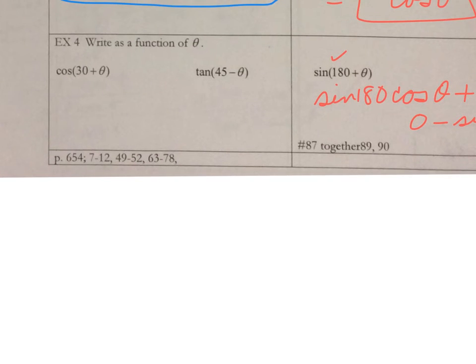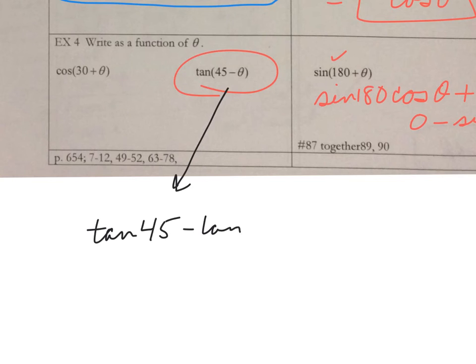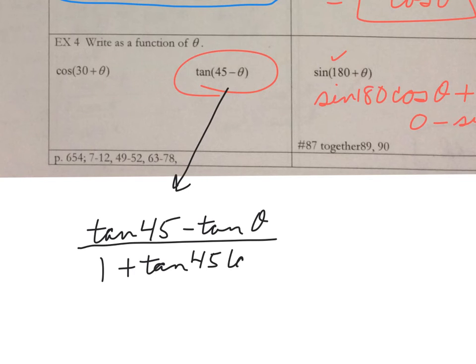The one I want to go ahead and take a look at is this tangent one, because sometimes the algebra on tangents gets a little messy. So let's go ahead and knock that one out to finish off this section. So tangent of 45 minus theta would be tangent 45 minus tangent theta over 1 plus tangent 45 tangent theta.